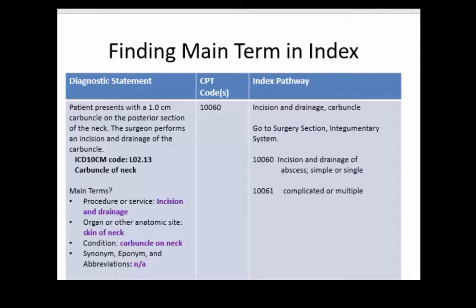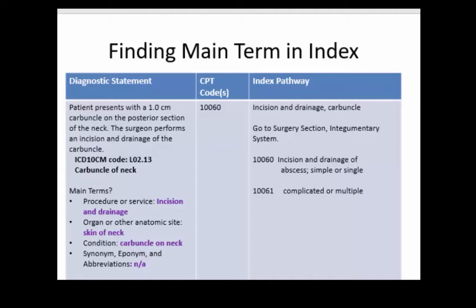So if we look in the index under incision and drainage, we find the term carbuncle. It gives us the code 10060, 10061. Then you go to the CPT code book, you look up that code in the integumentary system, and you read it and determine which of these 2 codes from the index would be the right answer to describe this diagnostic statement, and it would be the 10060.